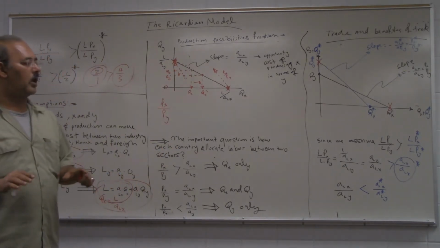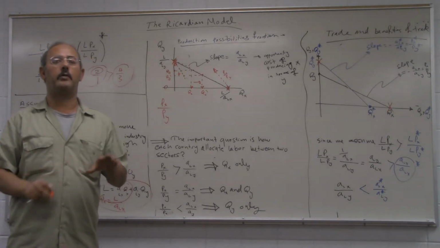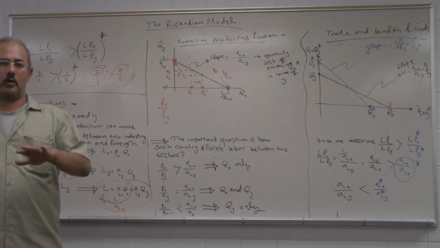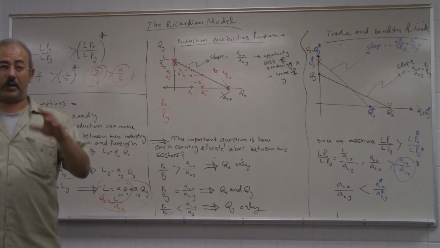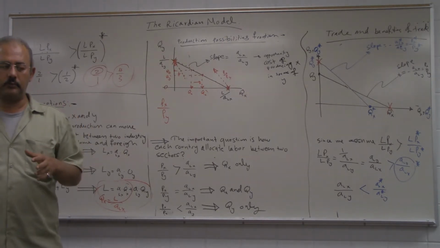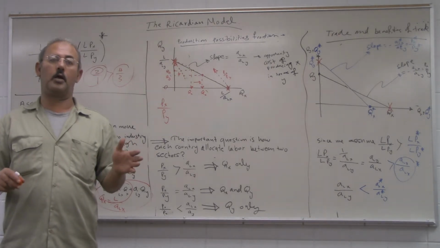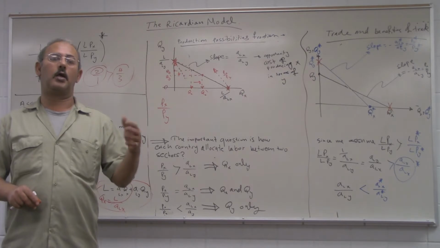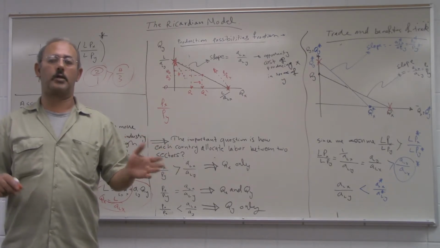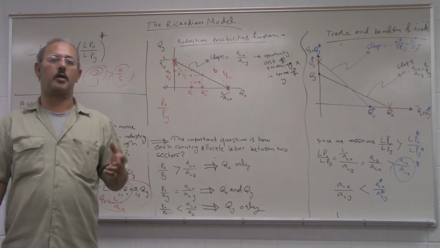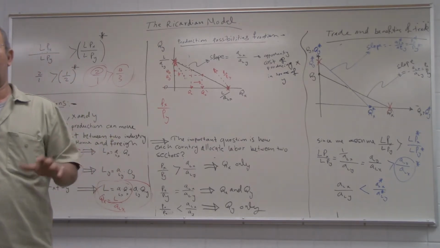We determine now, it's a very important question, how any economy allocates its resources, which is now just labor, between different industries like the industry of good X and good Y. It depends on the relative prices of goods.